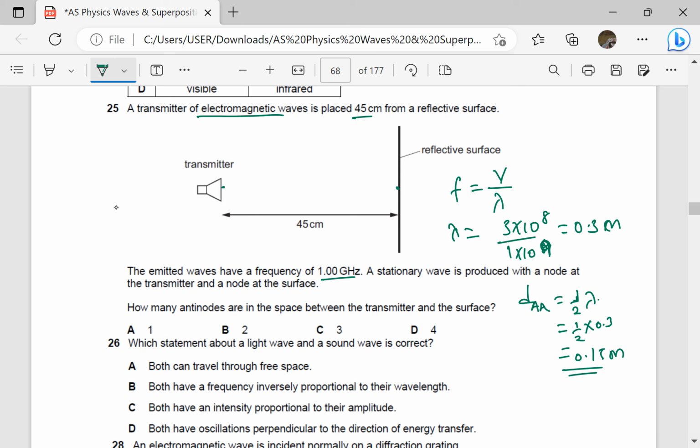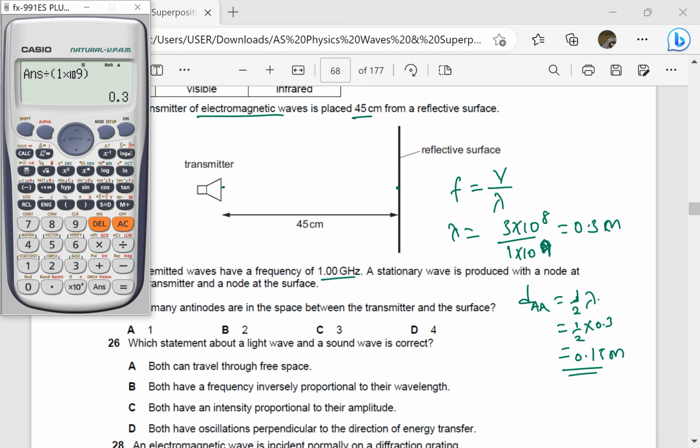This is also the distance between two successive nodes. So how many antinodes are in the space between the transmitter and the surface? So I'll just say 45 centimeters, which is 0.45, divided by 0.15, then minus 1. Let me check it again. No, there's no need of subtracting 1.